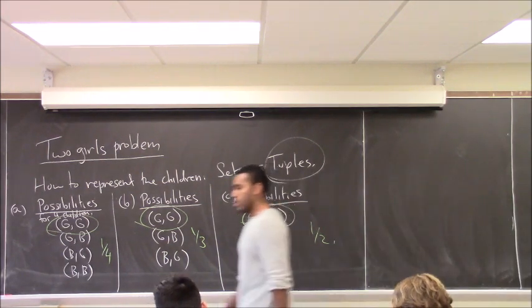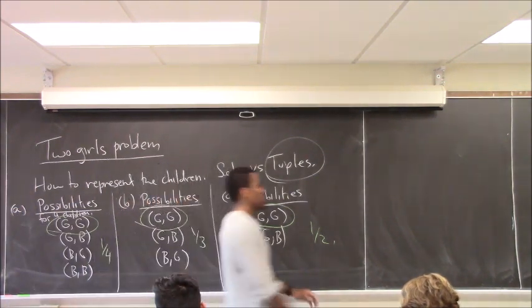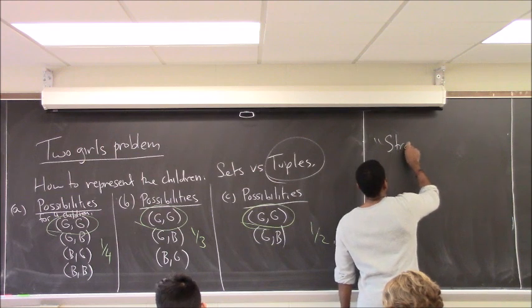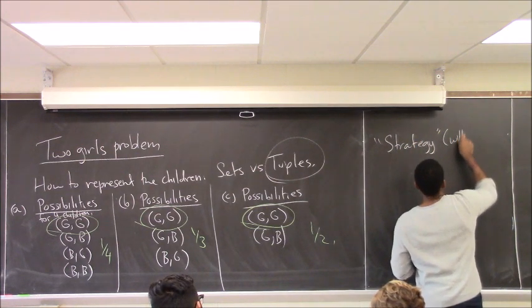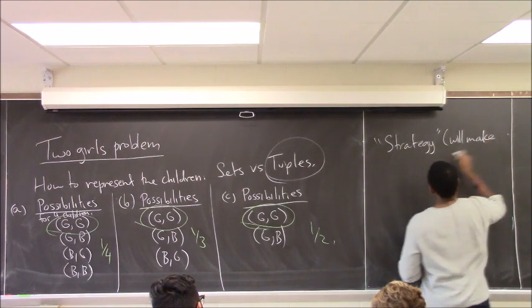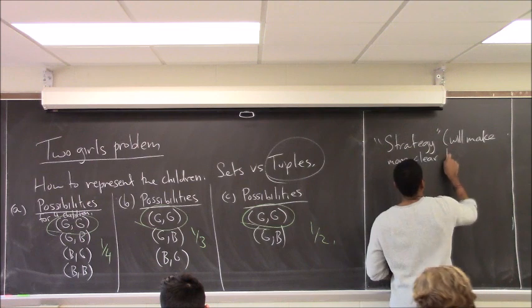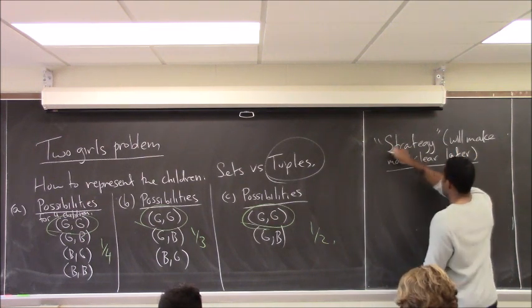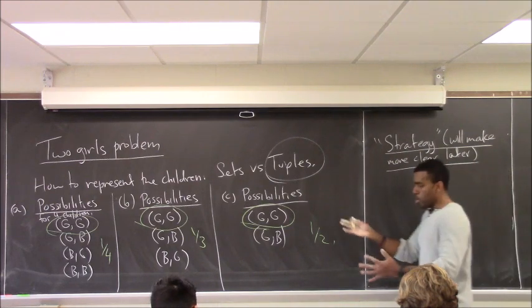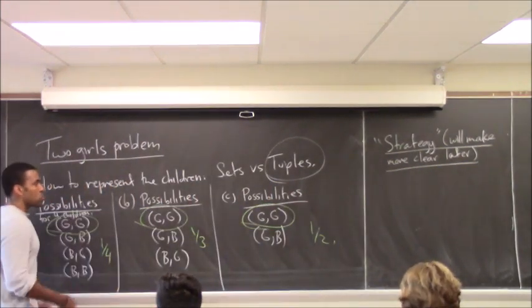So I want you to notice what's happening here. Let's look at a naive strategy, which we'll make more clear later. So you're faced with a random probability problem. What's the probability of this event? What is the strategy?